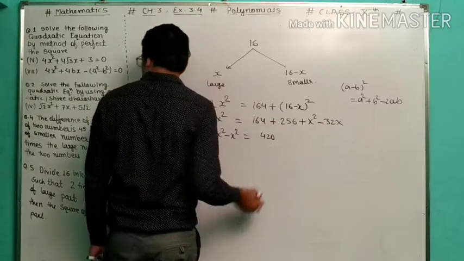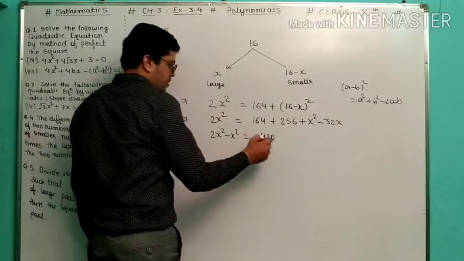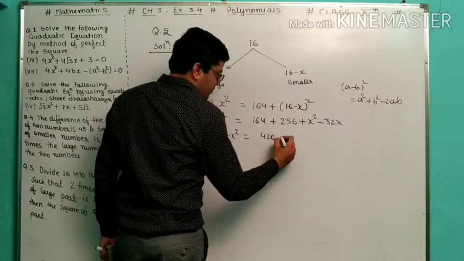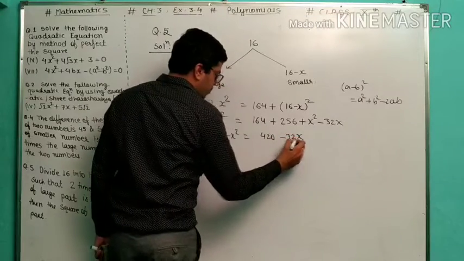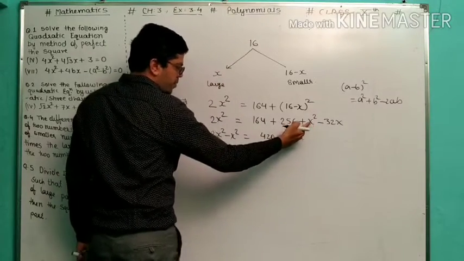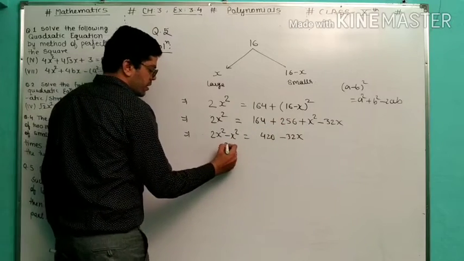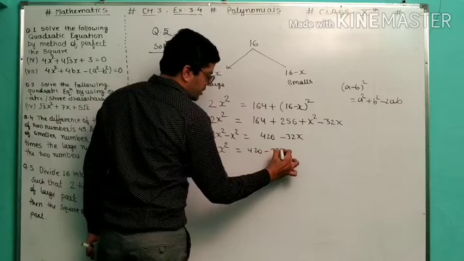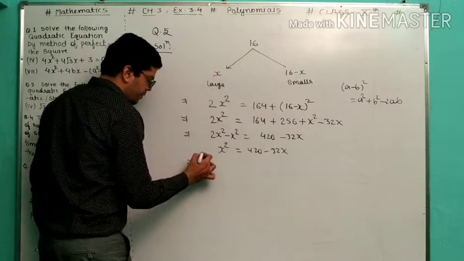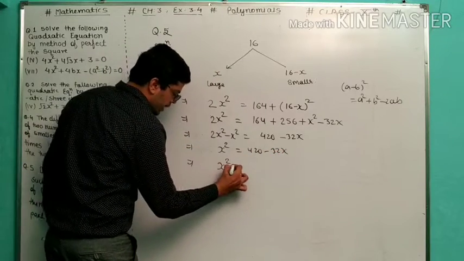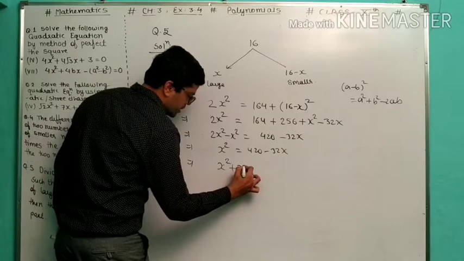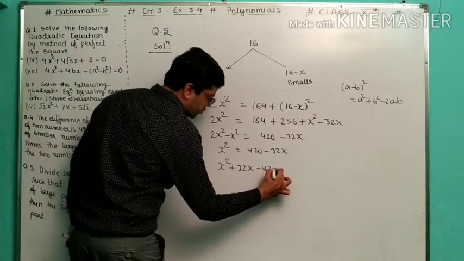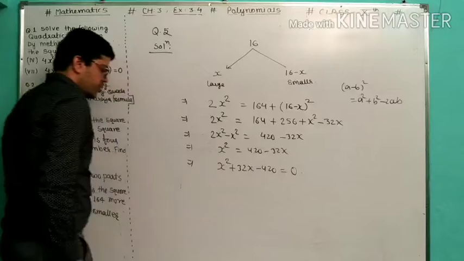You can do the calculation as you like. And that is minus 32x. So we have taken x square to the left hand side, and that is x square. So 420 minus 32x. Take the whole term to the left hand side: x square plus 32x minus 420 is equal to 0.